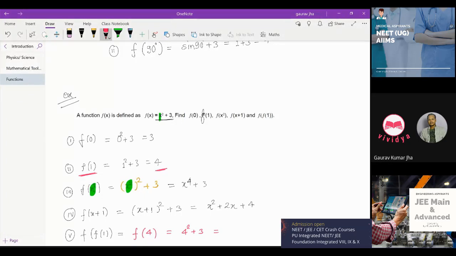F of 1 is 4. What is 4 square plus 3? So 19, right? That's it. See, that's what you need to learn about the function.